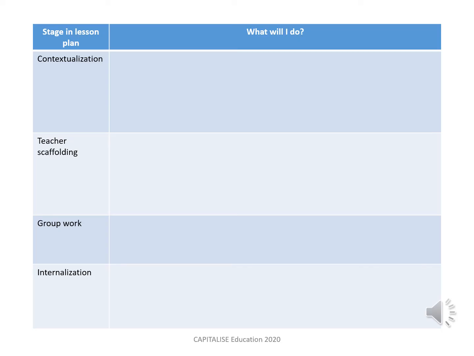This is a way of looking at how we can embed the UDL checkpoints into the 4 stages of contextualization, teacher scaffolding, group work, and internalization. This table is useful because we can go back to our UDL checkpoints that we identified earlier and include them where they fit appropriately within Vygotsky's learning process.